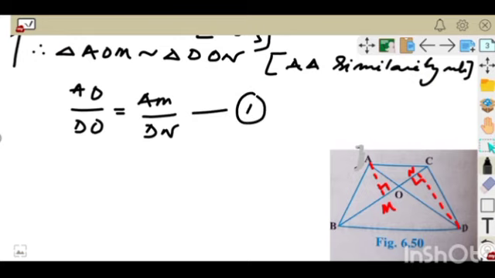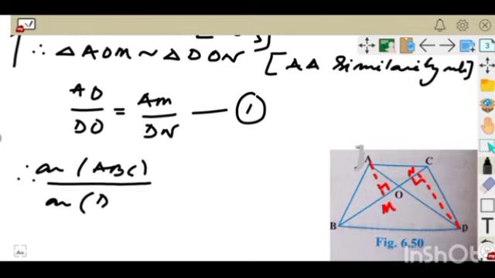Now let's find. Therefore area of triangle ABC divided by area of triangle DBC equals what? Let's apply the formula: 1 by 2 into base into height. For triangle ABC, AM is perpendicular to side BC, so BC will be taken as the base and AM as the height.